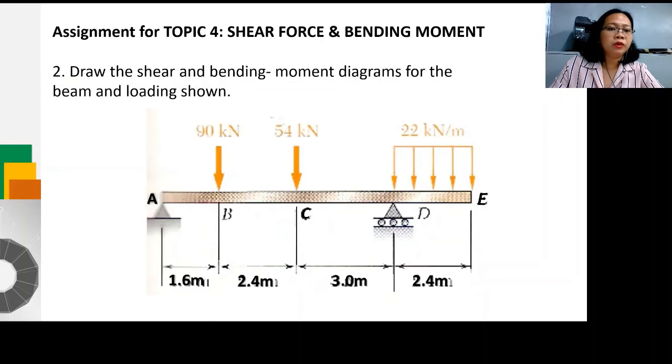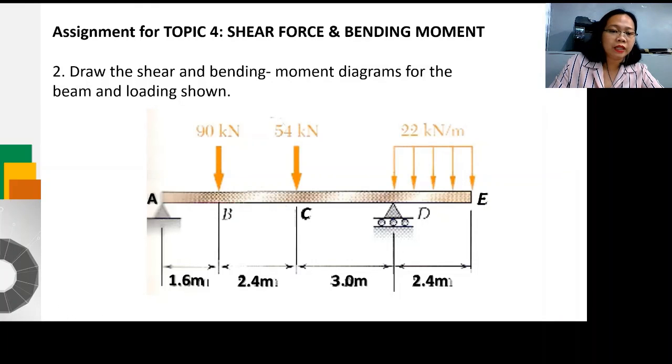Okay, so number 2, draw the shear and bending moment diagrams for the beams and loading shown. So you have a simply supported beam, point A, and an overhang at point E, and a pin at a roller at point B. So you have point A to point B 1.6, point B to point C 2.4, point C to point D 3 meters, and point D to point E is 2.4 meters.